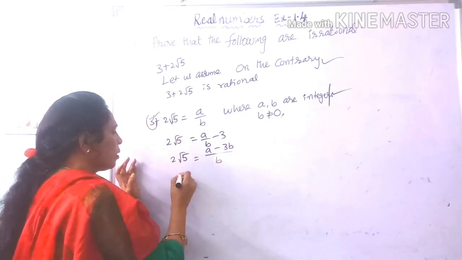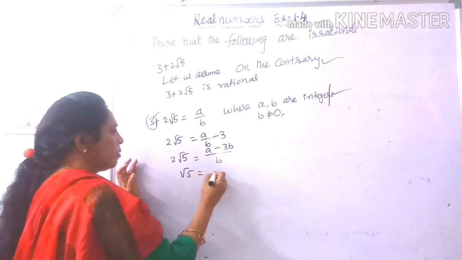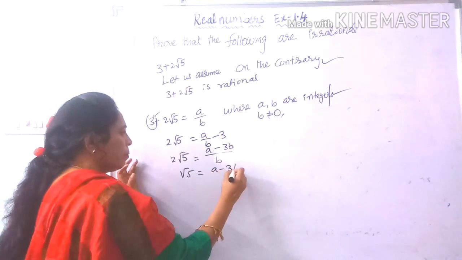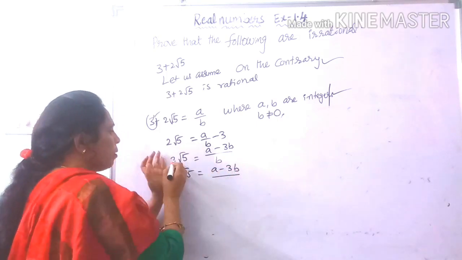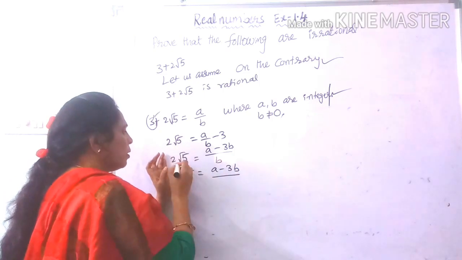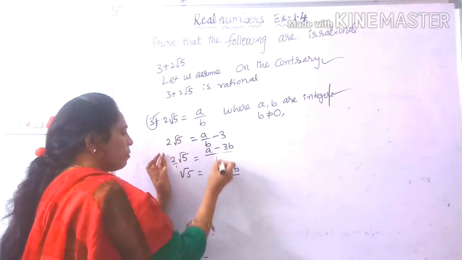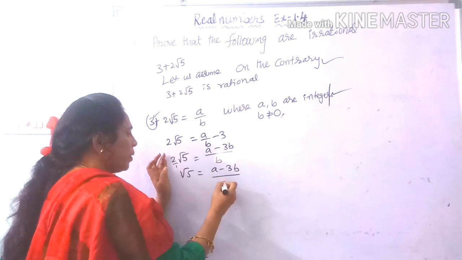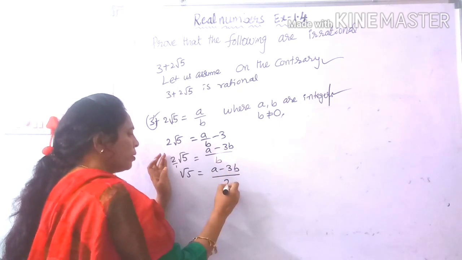So root 5 is equal to a minus 3b, and this 2 becomes reciprocal. So 2 by 1 is equal to 1 by a minus 3b by 2.